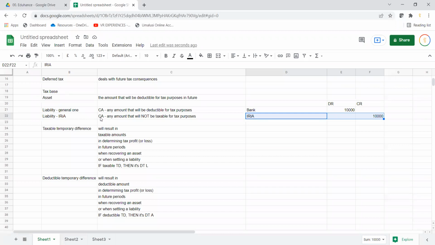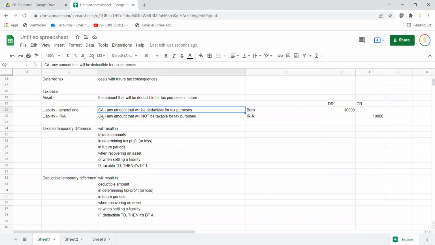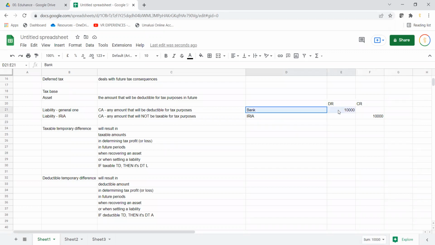We need to determine the tax base. Remember, what is a tax base? Carrying amount less any amount that will not be taxable for tax purposes. Now we need to ask ourselves, how would SARS, how would the Income Tax Act treat this transaction?